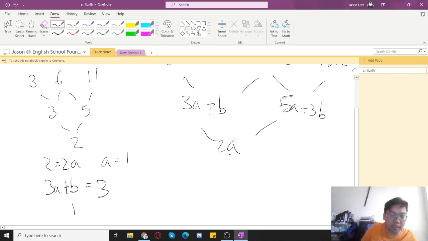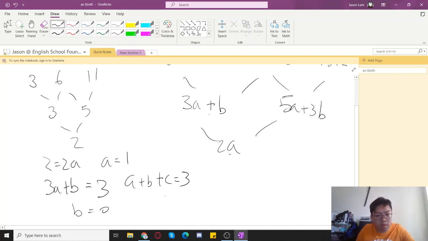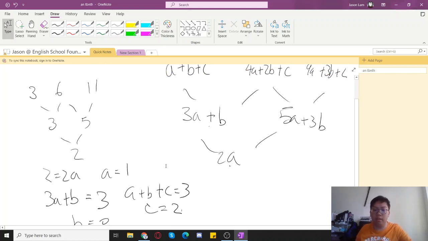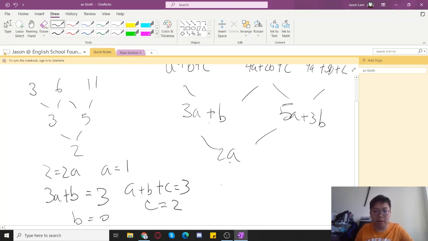We know that a equals 1, so b equals 0. Finally, a plus b plus c equals 3. So c is equal to 2, because a is equal to 1 and b equals 0. Great. So now we can assemble our sequence. That is n squared plus 2.